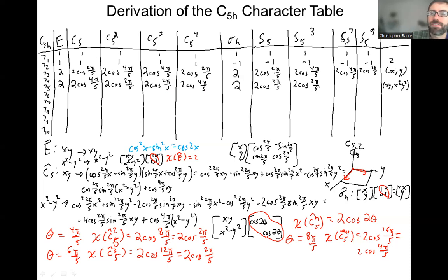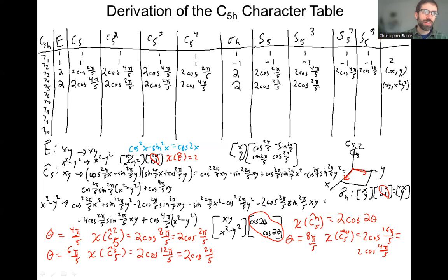And then S5 7 times. Well, that's the same as doing a C5 7 times followed by sigma h. Sigma h doesn't do anything, so it's going to be the same in this case with x and y. So same as a C5 7 times. Well, C5 7 times is the same thing as doing an identity, C5 5 times, right? Because that spins all the way around.